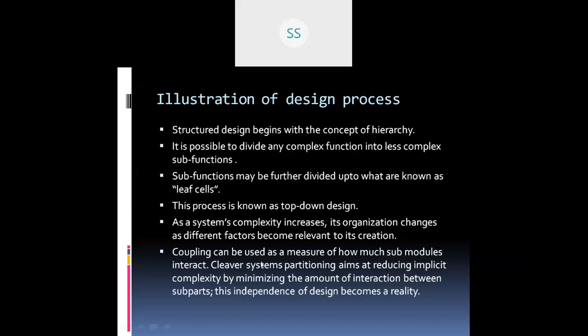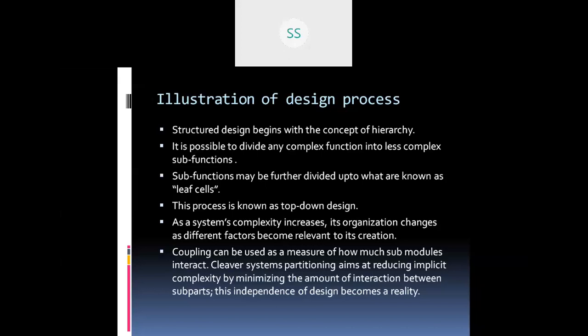Then as a system's complexity increases, its organization changes as different factors become relevant to its creation, because our division of complex functions may not be unique. It may differ. So as the complexity increases, the organization or the structure also may change.